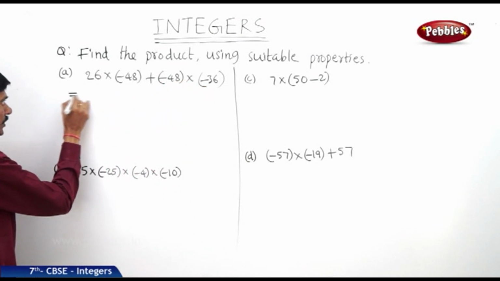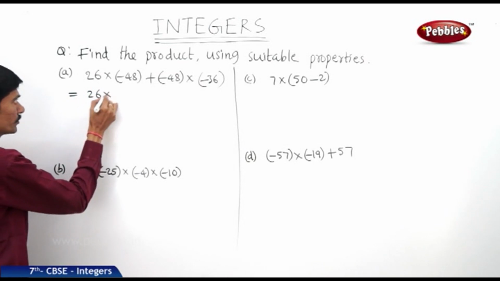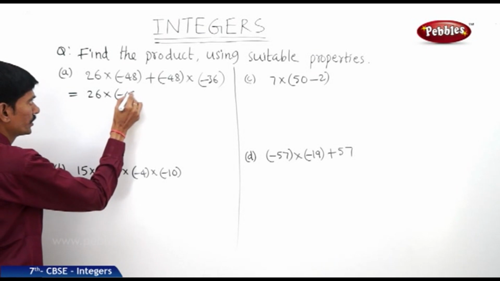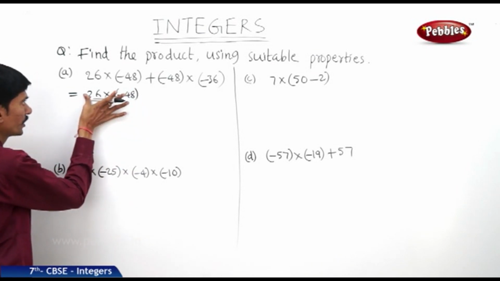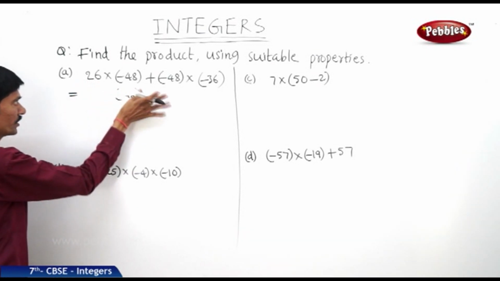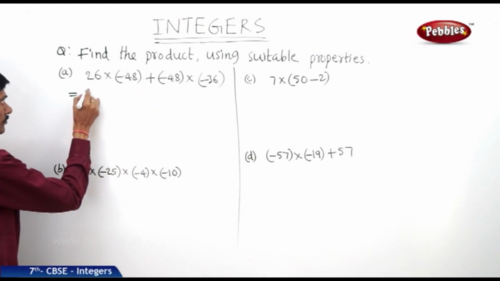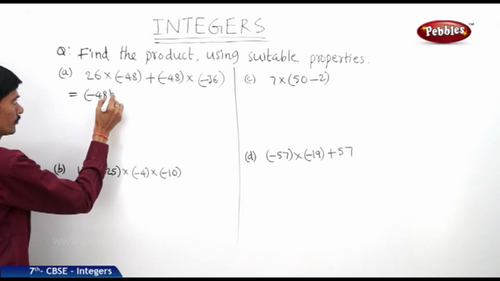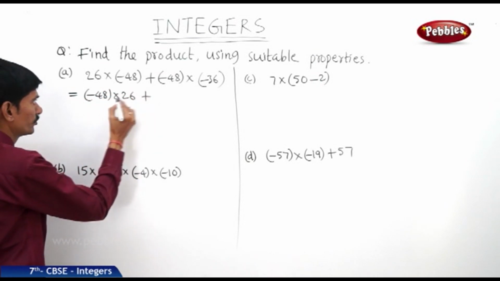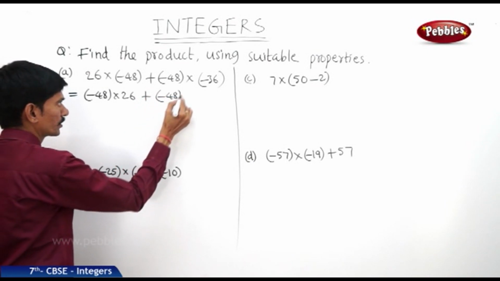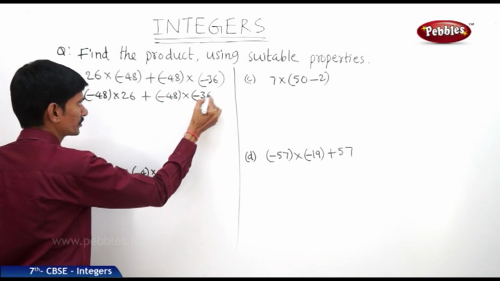Now this can also be written as 26 into minus 48. So this can be written as minus 48 into 26 by using commutative property, and here minus 48 into minus 36 is the same.